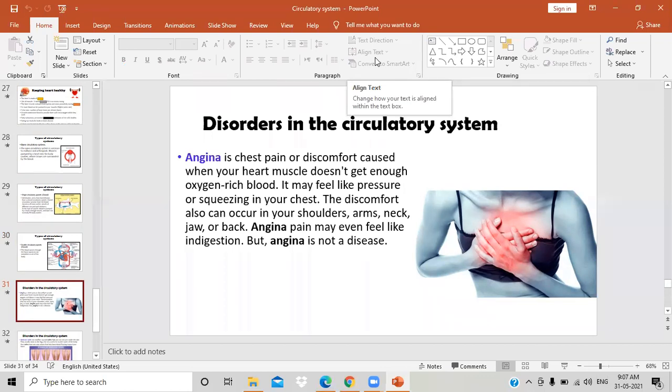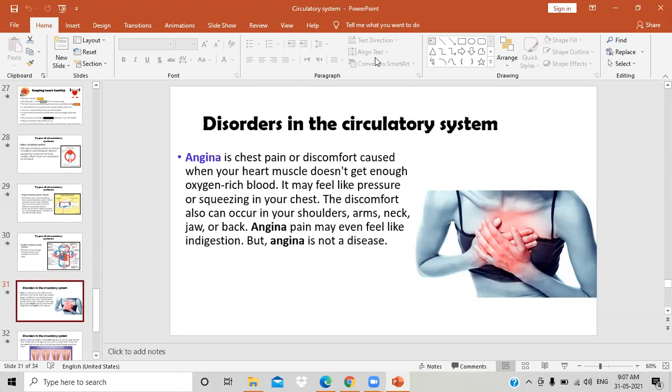It's just like feeling a pressure or squeezing, and it may radiate to your left shoulder, arms, neck, jaw and your back. The whole left side of your body is affected by the angina. It actually starts there.